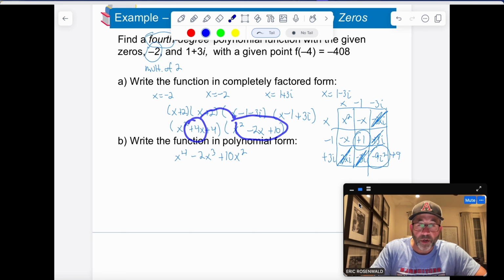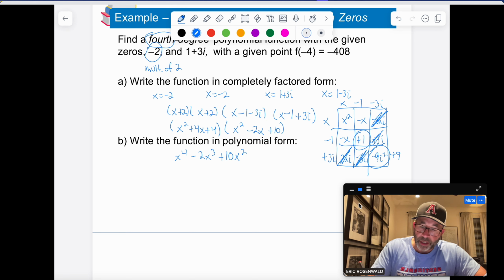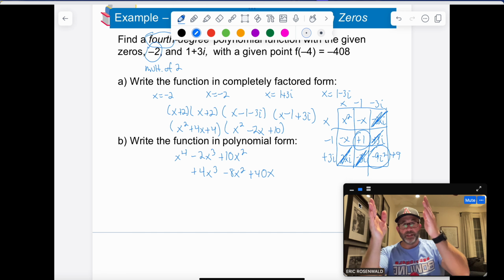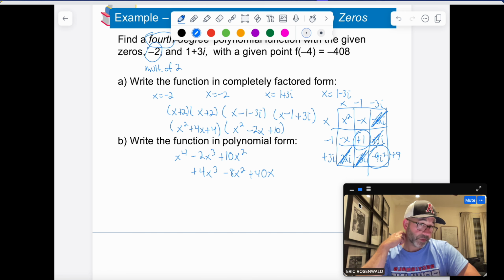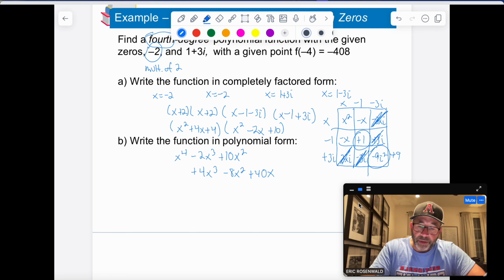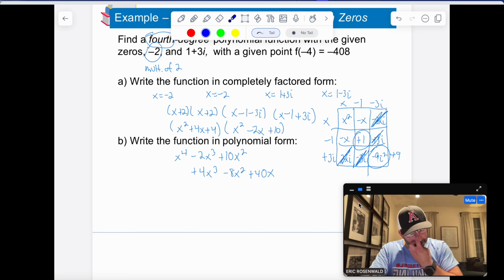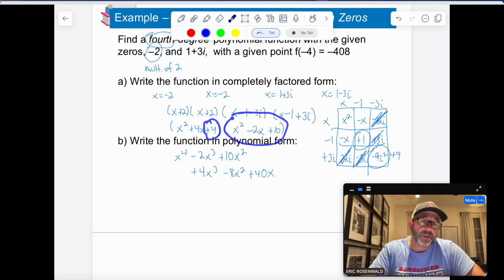So we'll have a positive 4x cubed, a negative 8x squared, and a positive 40x. Hopefully you can tell I lined up the like terms. And then the last thing we're going to be multiplying is this 4, which will be multiplied by the stuff over on the right here.